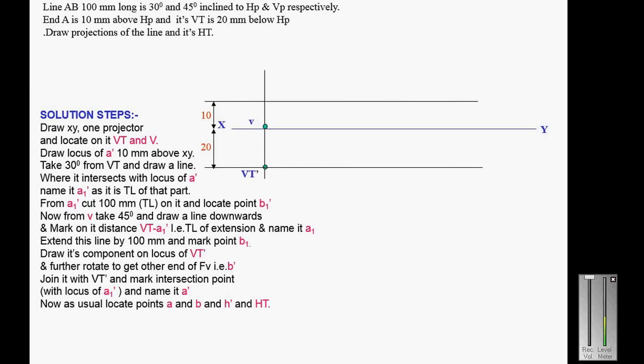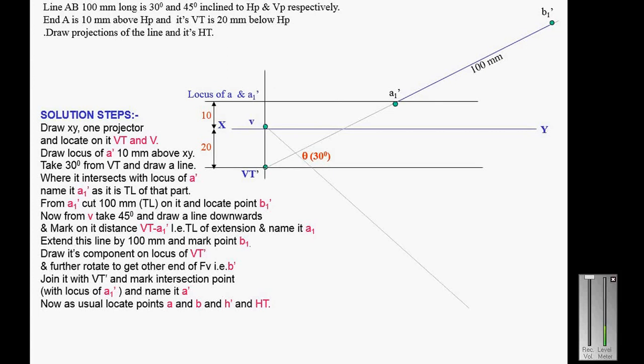The vertical trace is 20 mm below HP, so I mark the locus of the vertical trace 20 mm below HP, and the point A is 10 mm above the XY line, so I draw the locus of A. Then I draw a line through VT dash with an angle of theta degree, and that line will touch the locus of A, and you will get the point A1 dash. Take the true length 100 mm and mark the point B1 dash.